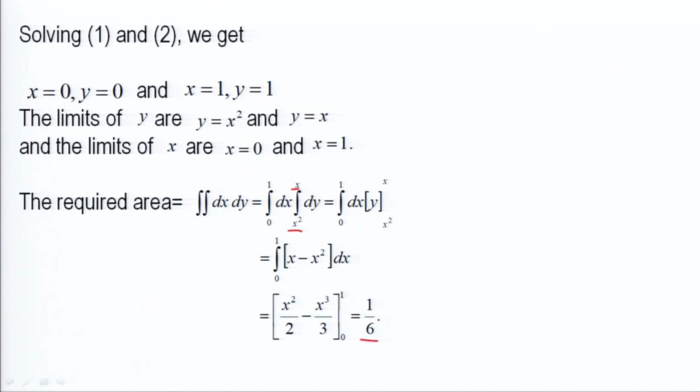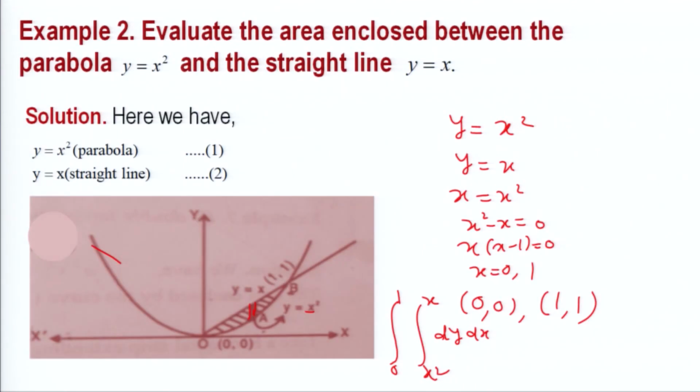Now, we solve this again when we draw the strip parallel to the x axis. If we draw the strip parallel to the x axis, are there any changes? First, we write the limits corresponding to x as a function of y.